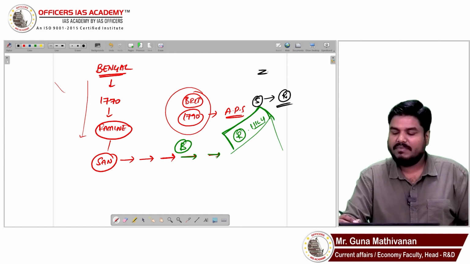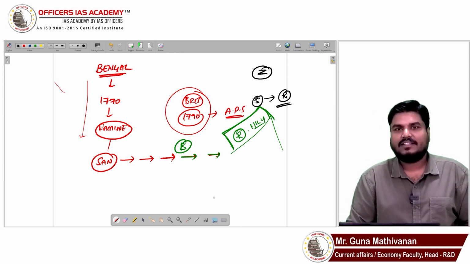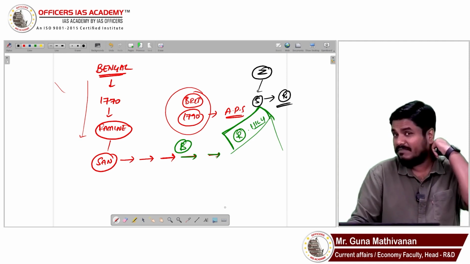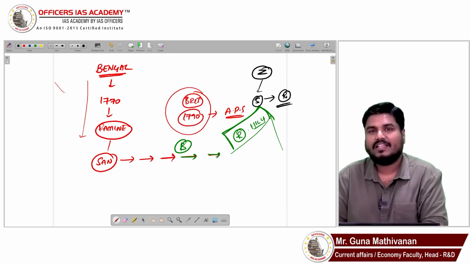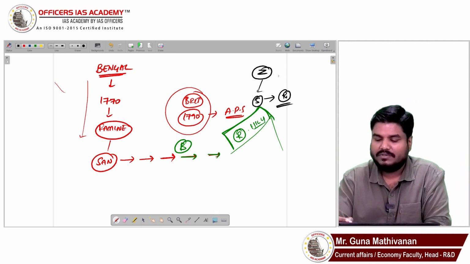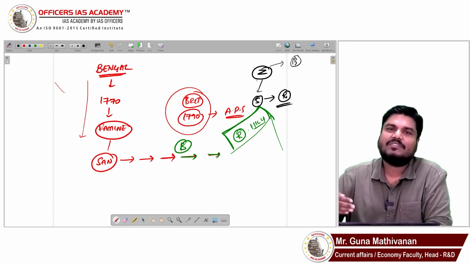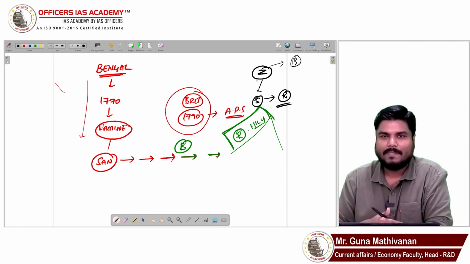So we know about Zamindari system. Zamindars were appointed, they were asked to extract money from the Santhals. You know how the Zamindari system worked. Zamindars had to pay a fixed amount of money to the Britishers, and Zamindars could collect any amount of money from the farmers. This is history which you know.